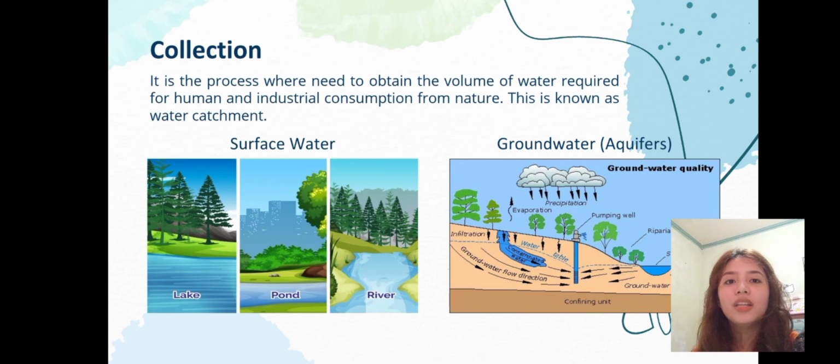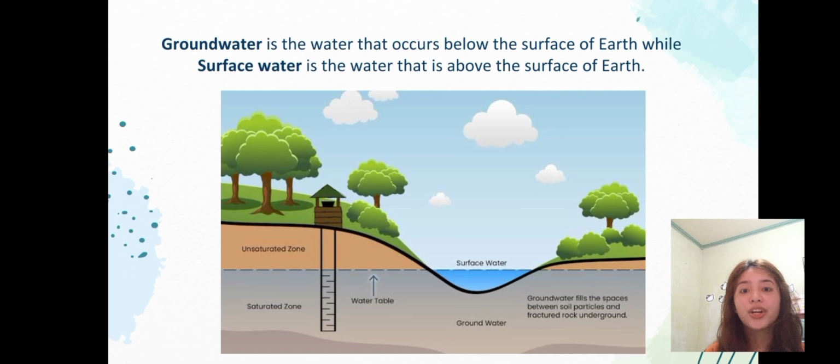So, in summary, groundwater is the water that occurs below the surface of the earth. And the surface water is the water that occurs above the surface of the earth. Here we have a figure which has two examples, surface water and groundwater.